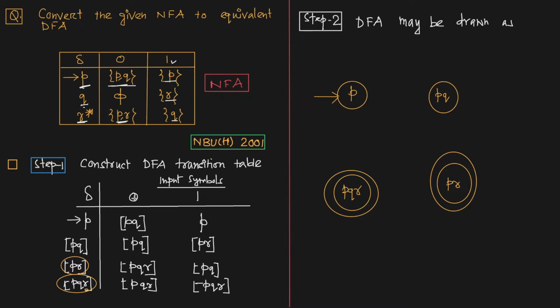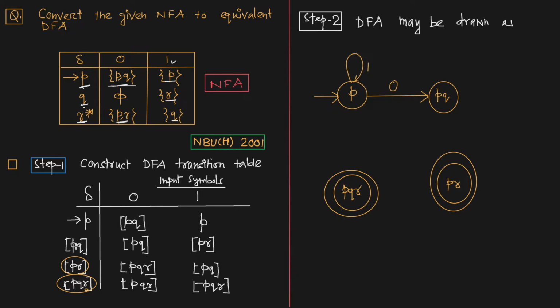So start from P. P on 0 goes to PQ. Next, P on 1 goes to P. P is complete.